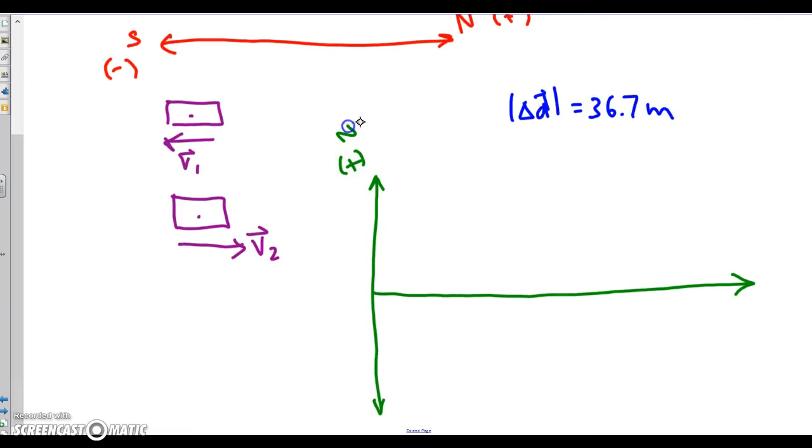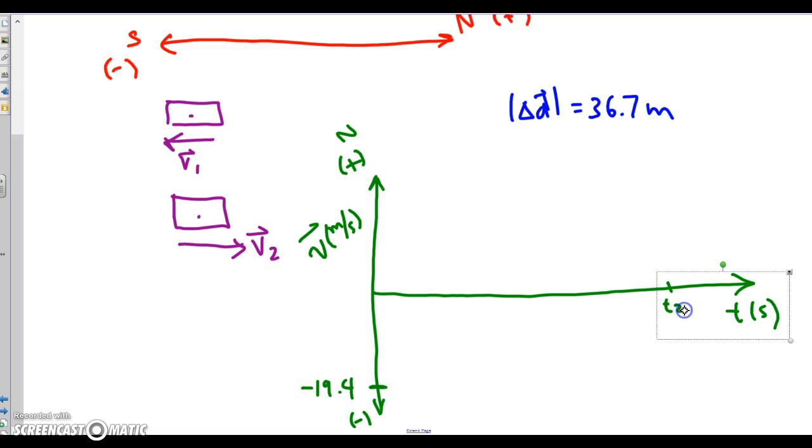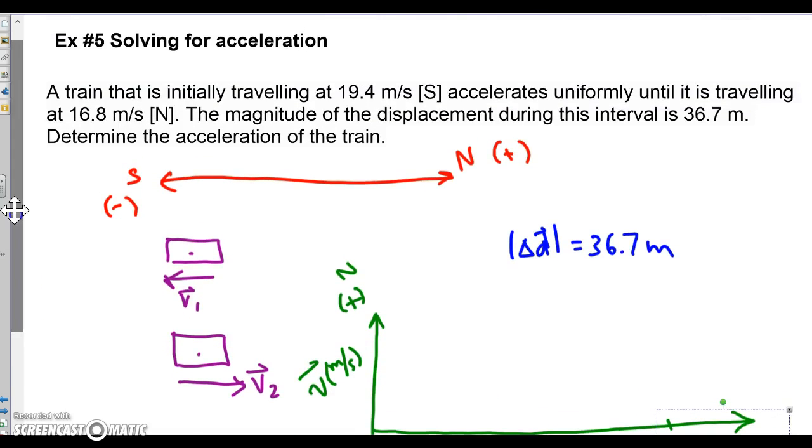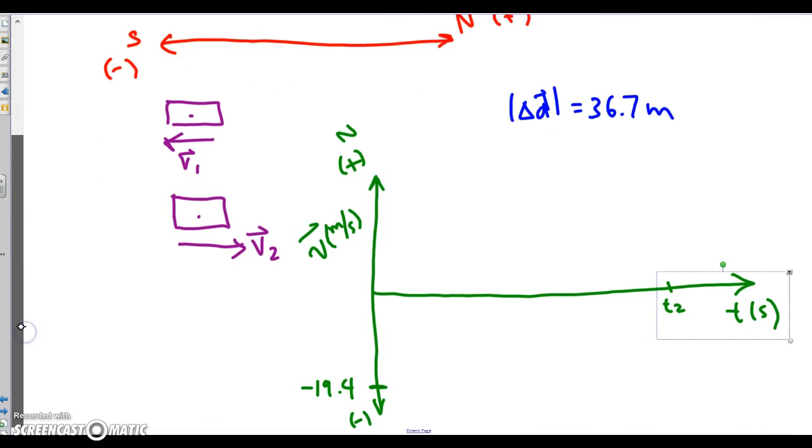So this is north, this is velocity, and this is south, which is our negative direction. So initially, the train is traveling at negative 19.4 meters per second. Those are our units for this graph. This is our time axis. At some time later, time 2, the train is traveling at v2, 16.8 meters per second north.